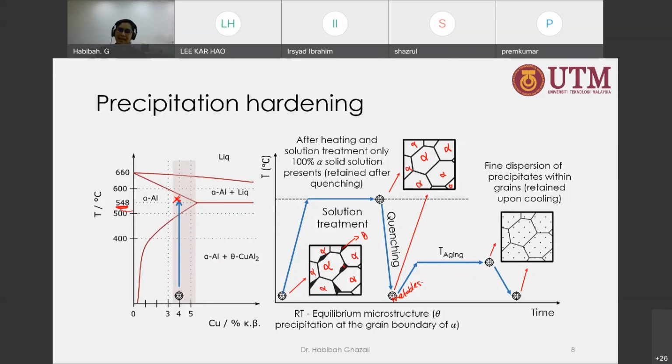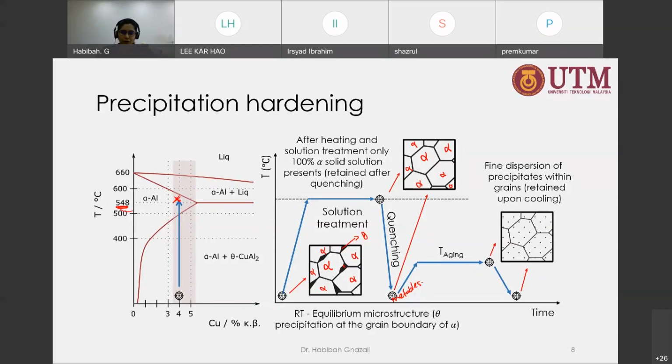So he was doing research on aluminum copper alloy, and he wanted to do a heat treatment similar to when we form martensite in steel. So how do we form martensite in steel? We quench it to room temperature.